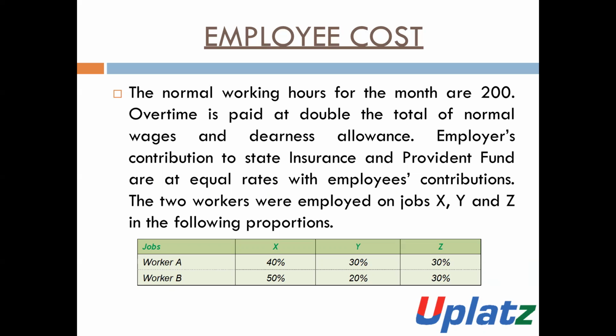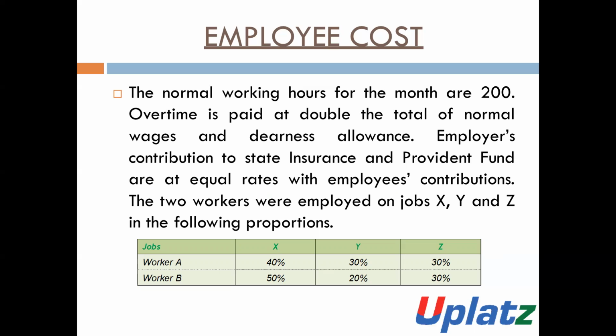Worker A performs 40% of job X, 30% of job Y, and 30% of job Z, and worker B is involved 50% in job X, 20% in job Y, and 30% in job Z.